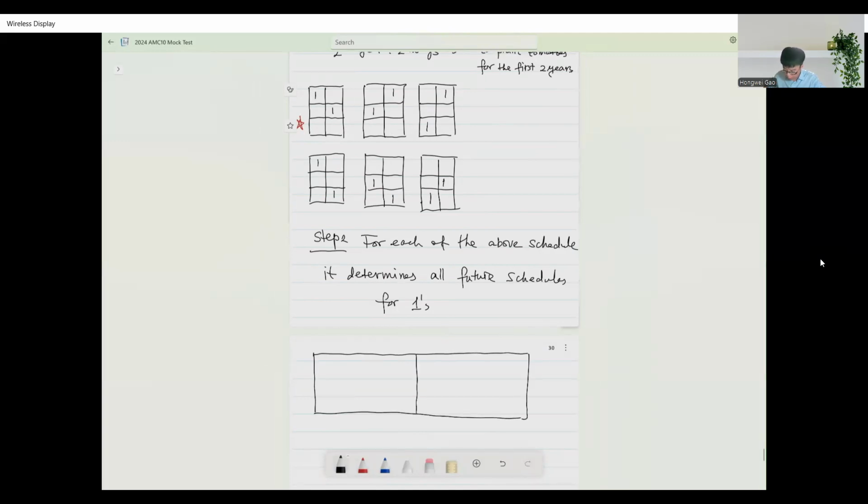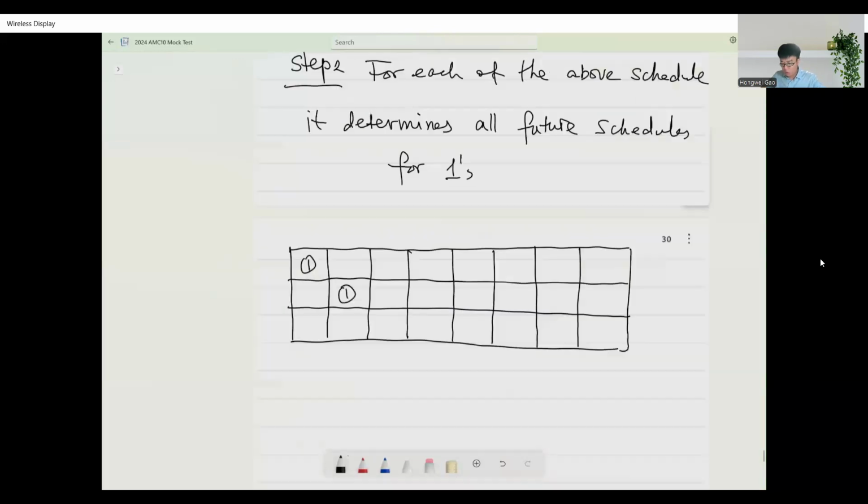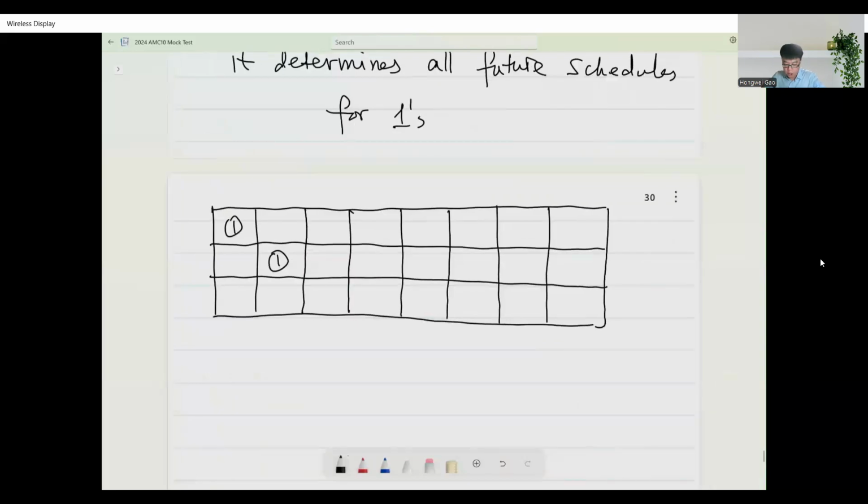For whatever years, that's totally determined. Suppose we have 1 year already fixed, 1 year already fixed. Now, if you go to the third year, it has to be the third row. And if you go to the fourth year, it has to be the top row, because after 1 cannot be 1, and after 1, for 2 years, it still cannot be 1.